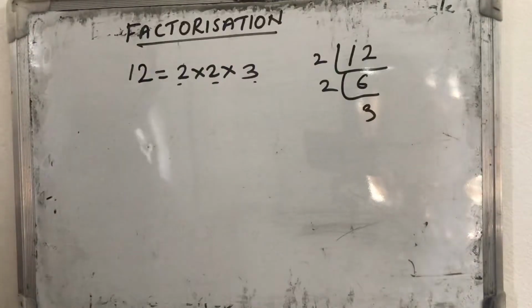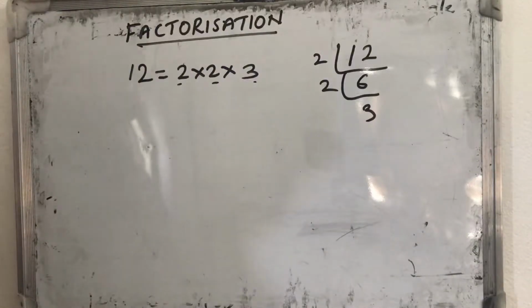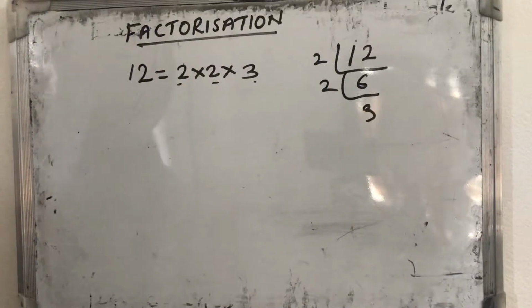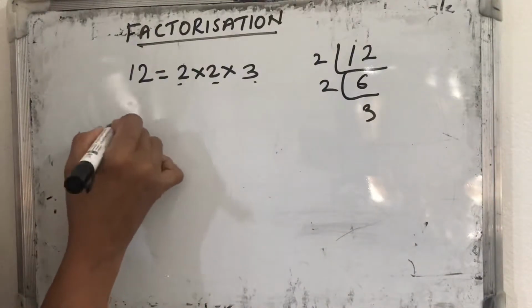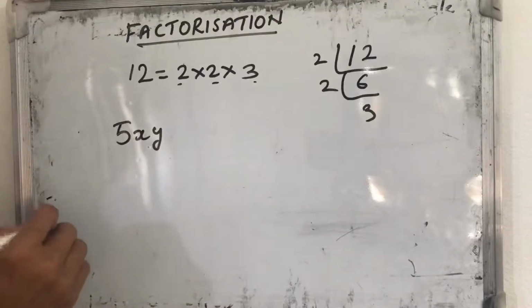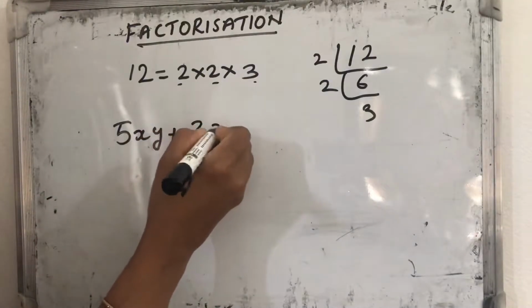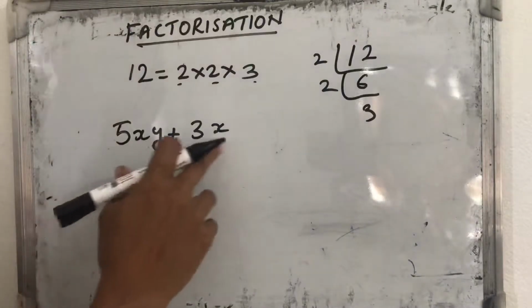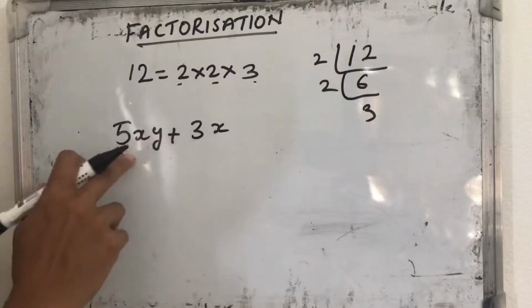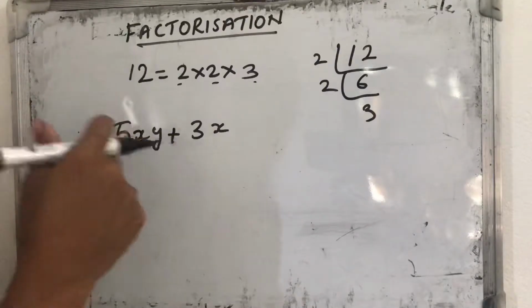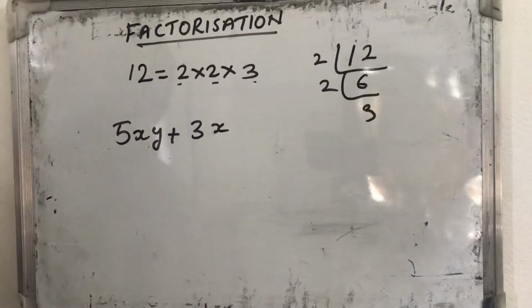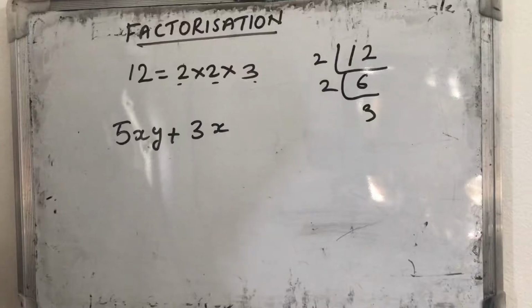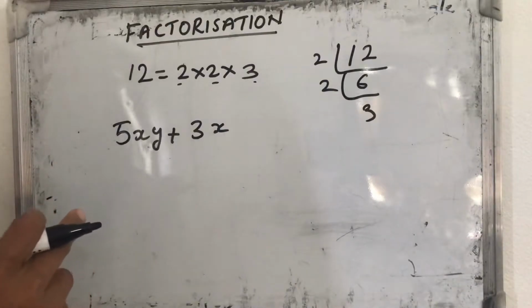Just like that, we can factorize algebraic expressions also. Consider one algebraic expression, 5xy plus 3x. How can we factorize this? In this case, two terms are there. We can write each term as a product of its prime factors.